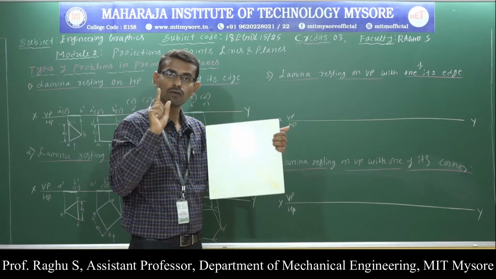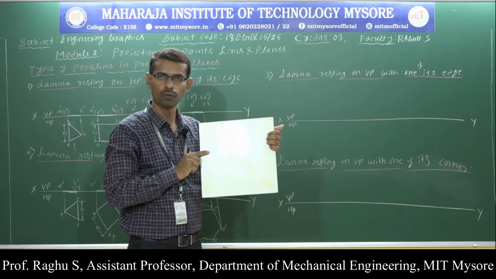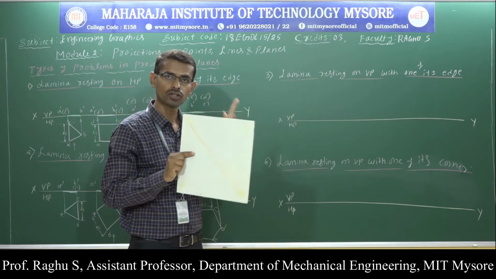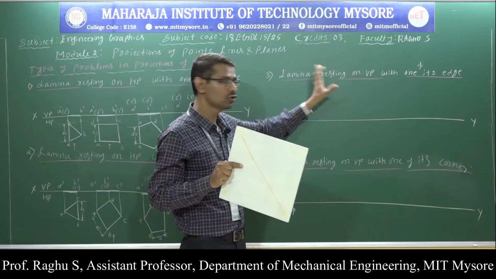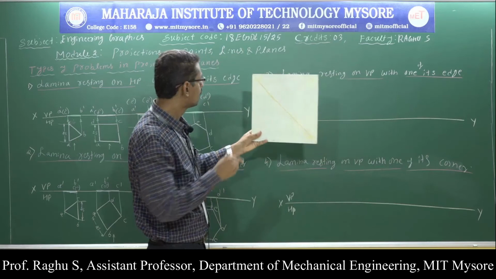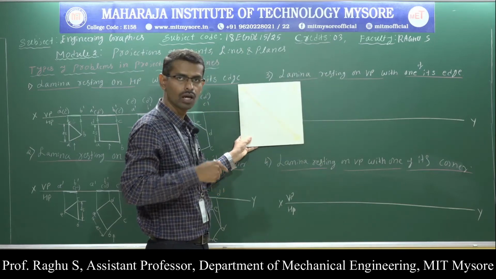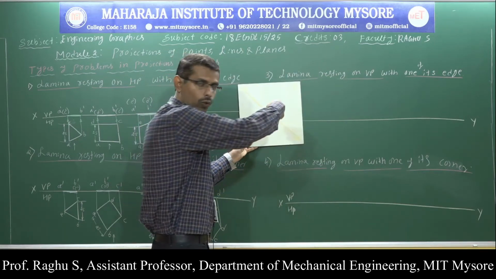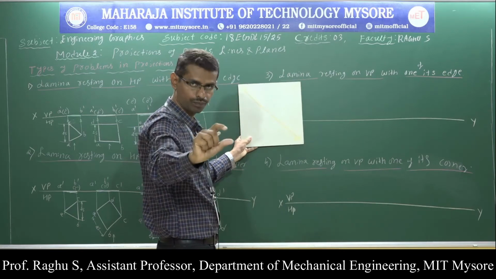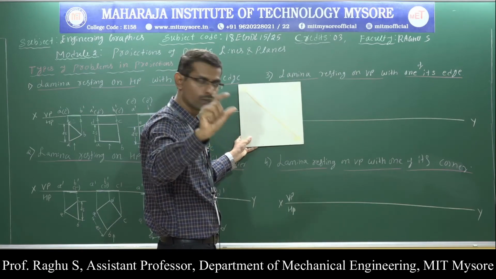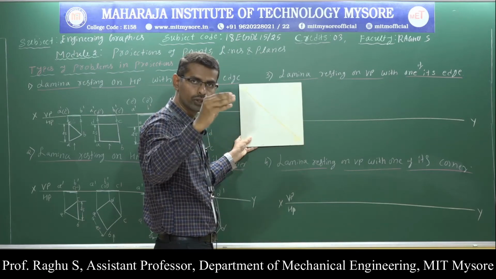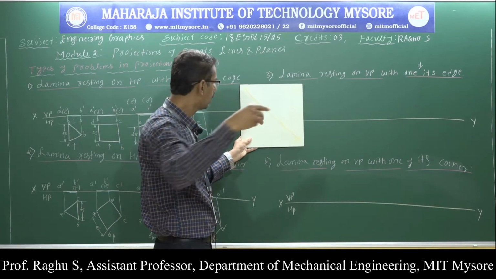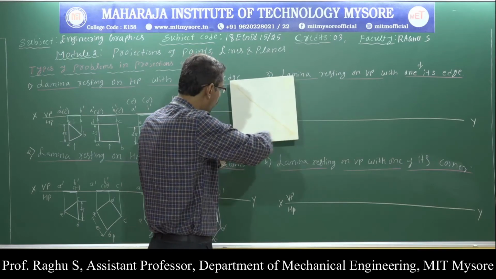Therefore, start the first position with the front view. Why should I start the first position with the front view in case of lamina resting on VP? Because when the lamina is resting on VP, in the front view you are the observer observing the square lamina, and I can see the complete view.